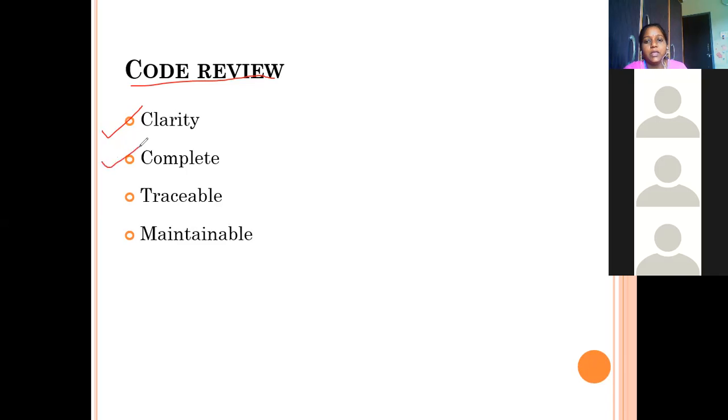Secondly, it should be complete. Whatever the code, class, procedure, and methods, all those must be complete in all respects. They must suffice the purpose for which they have been created.